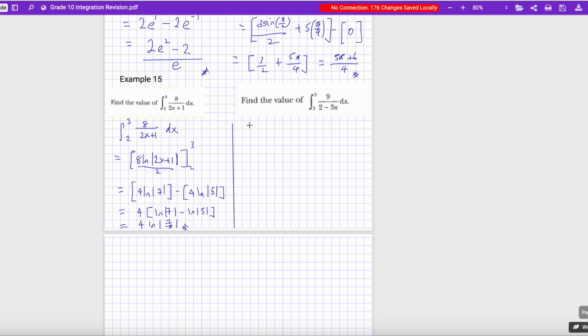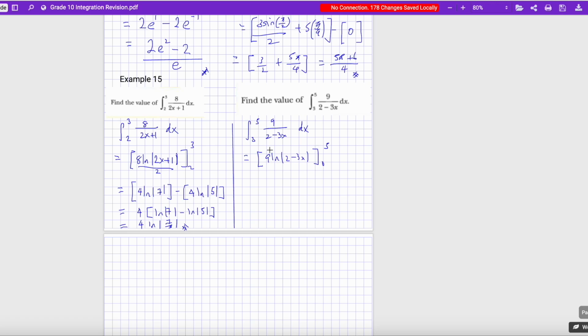Okay, so let's evaluate the integral from 3 to 5 of 9 over 2 minus 3x dx. This basically will be another ln. So 9 ln of 2 minus 3x from 3 to 5. Now do not forget, when we integrate functions like this, we have to divide the integral function by the differential inside the bracket.